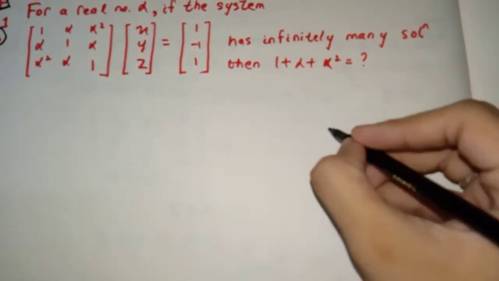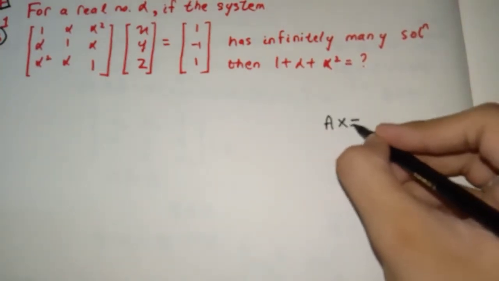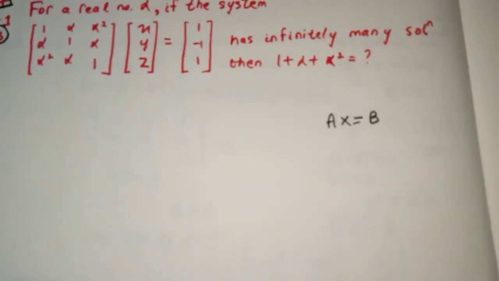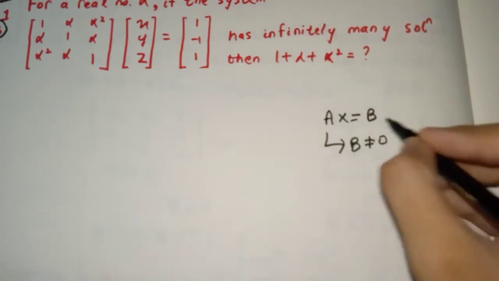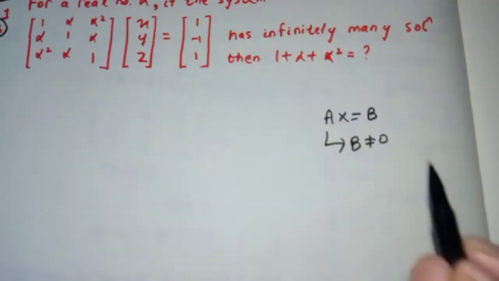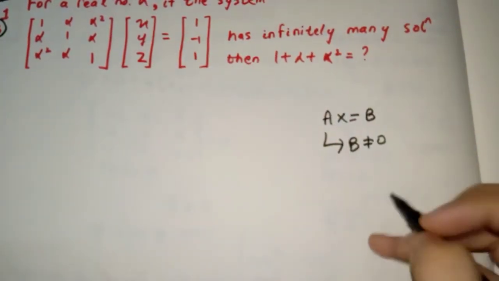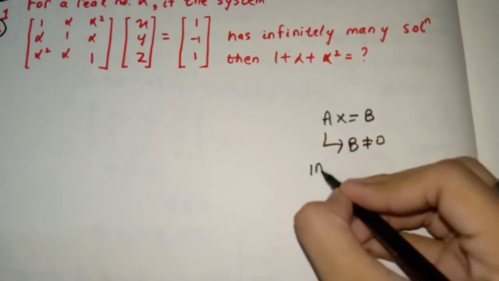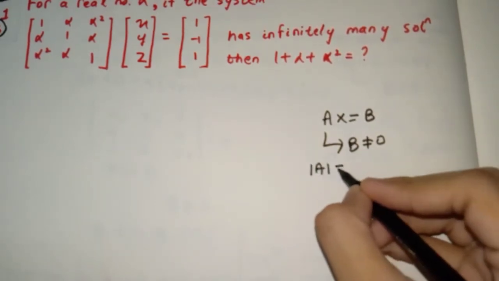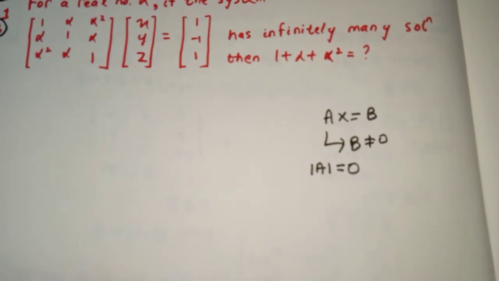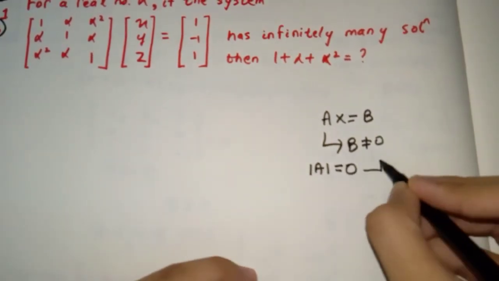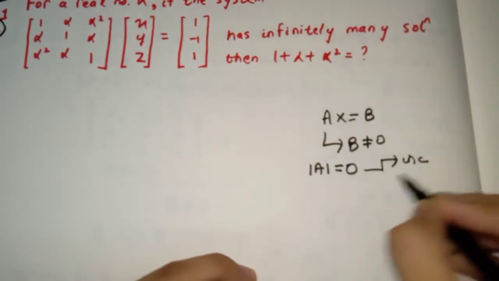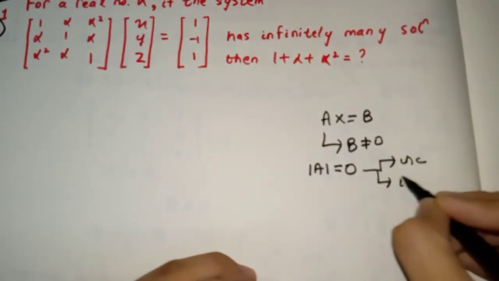Whenever we have a system of linear equations in the form of Ax equal to b, the cases are b is not equal to 0. When b is not equal to 0, we find the determinant of A, mod A, and if mod A is equal to 0, the system of equations may be inconsistent or it may have infinite solutions.